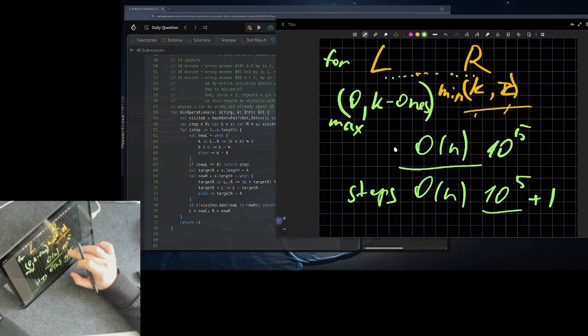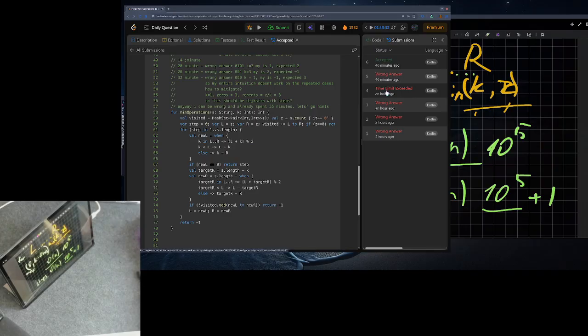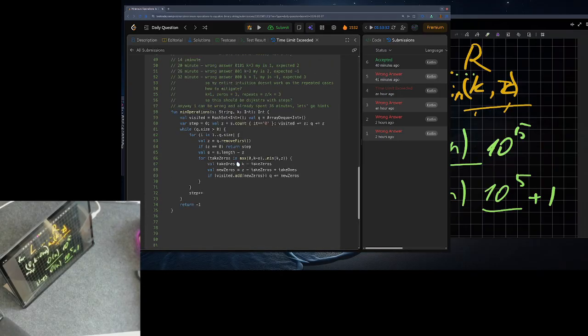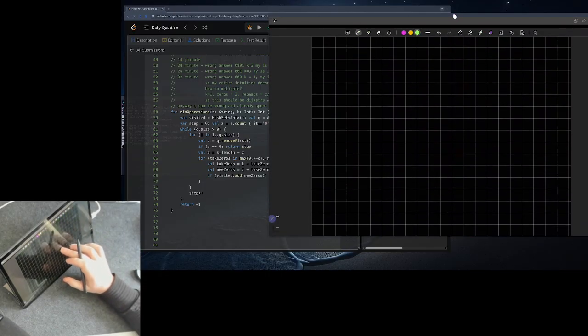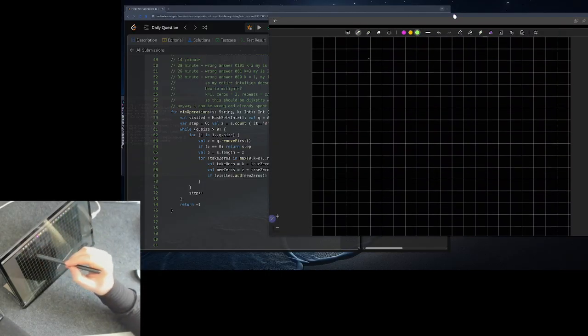Looking at the TLE solution, the time limit exceeded solution, we should optimize this inner for loop of the breadth-first search. And this for loop just considers every possible zero state transition we can make from the current state to the next. Now let's deep dive into this transition.